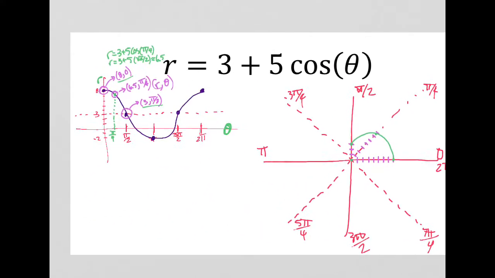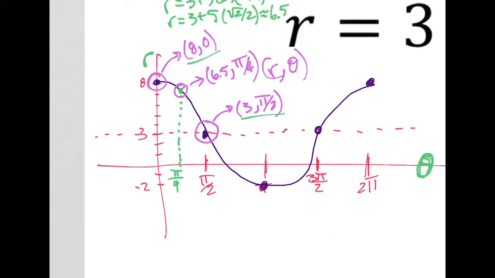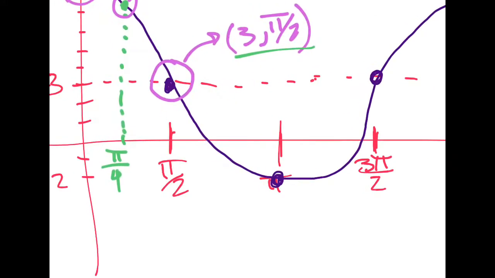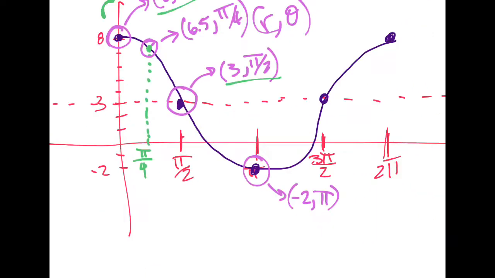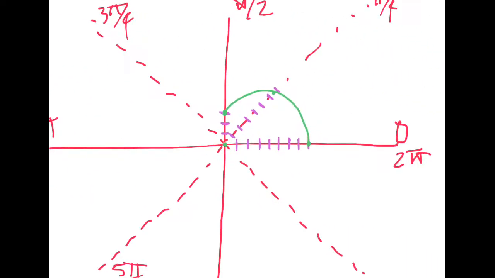What happens at 3 pi over 4? Or the next easy point, what happens at pi? Same pattern. Here's our next easy point at pi. It's giving us a polar coordinate: the radius is -2 at the angle pi, which is a little interesting because now we're forced to think about this in a way that's different than you've thought about coordinates before.